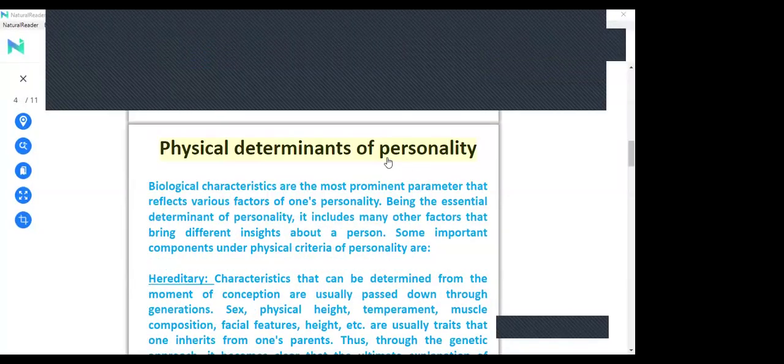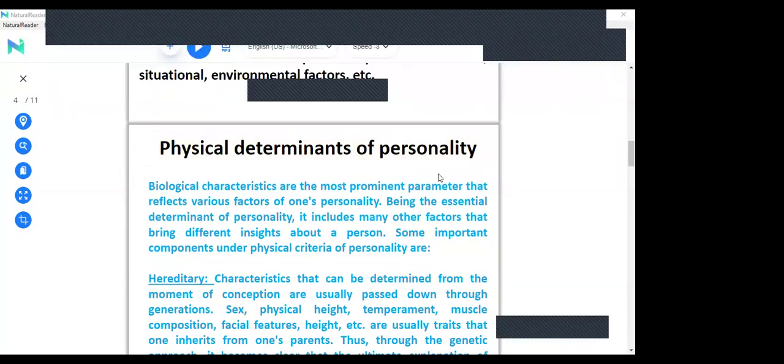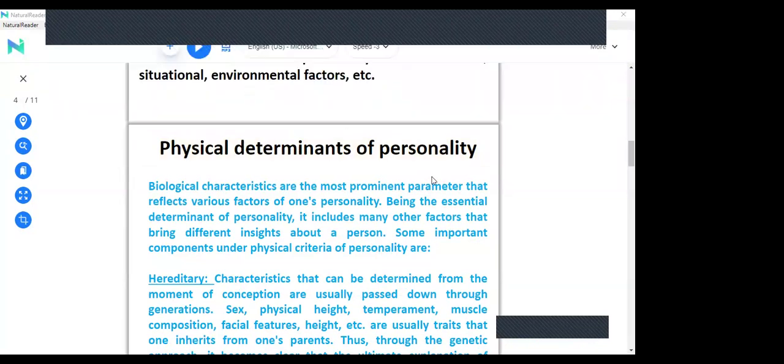Physical determinants of personality. I think it's not a big problem or a difficult subject content in this topic. You can easily understand it. But the point is, first you have to think about who I am and what type of personality I have.